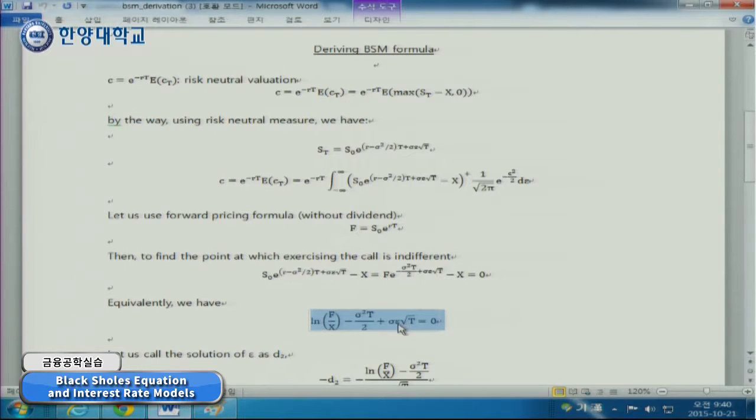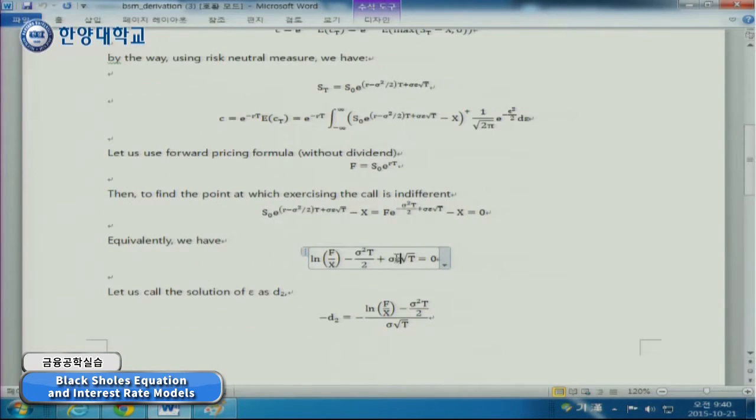Or exactly when epsilon, the random number epsilon, satisfies this one, then this is 0. So if epsilon is greater than this point, then we have this term. And if epsilon is less than this one, then this entire term is 0.